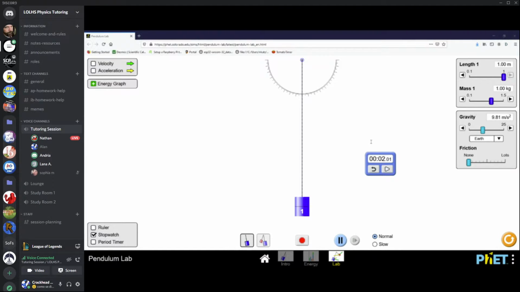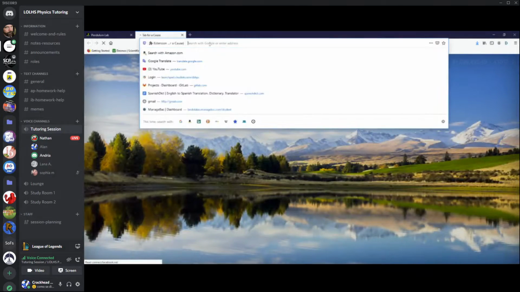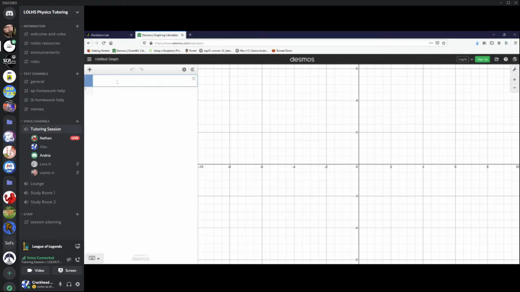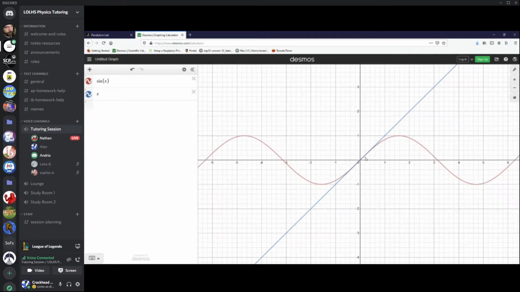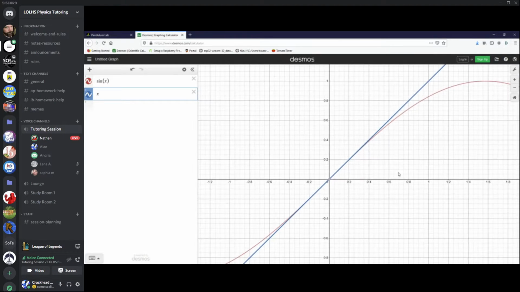Then all right. But wait, what's the small angle approximation? All right, that's a good question. If you want an explanation, here, is this new tab on my screen? Okay. So the reason it's like this is, if we look at this, this is the line of y equals sine of x, and this is the line of y equals x.